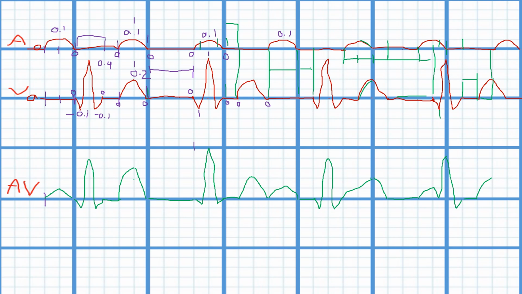Now, here's where it gets a little complicated. This is going down, wants to go down towards 0. This is going up to 0.1. And so by the time we get here, we're at 0.1 millivolts. And so it's kind of a curve going down. And now this is dropping to 0 and 0.